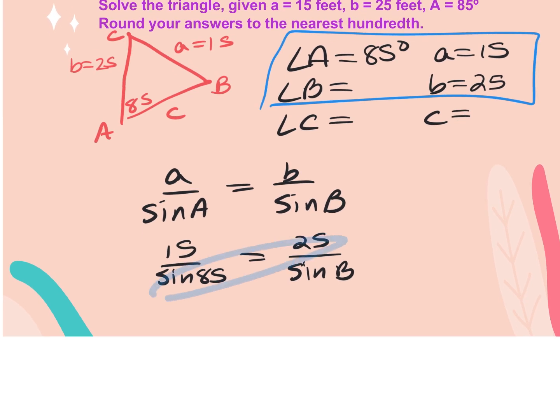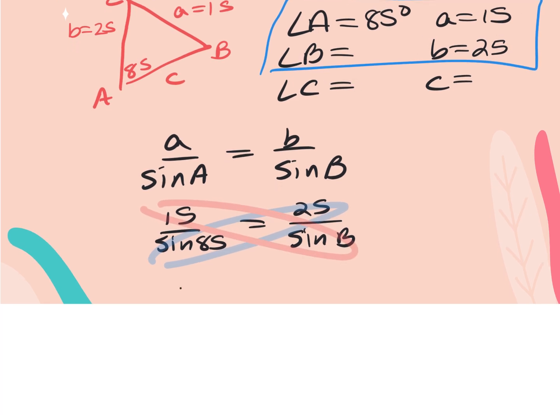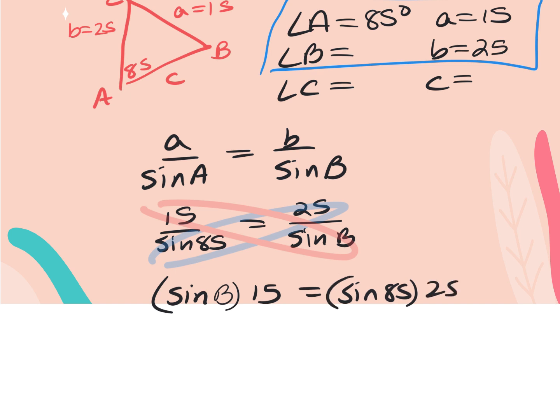Do that product and this one. So once I cross multiply, I get the sine of B times 15 is equal to the sine of 85 times 25. Divide both sides by 15.